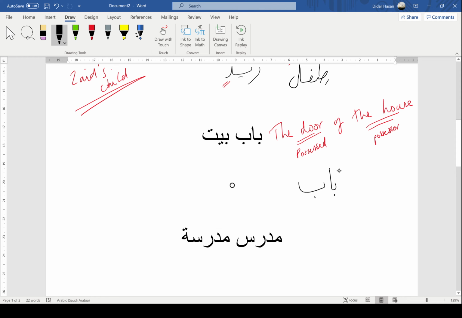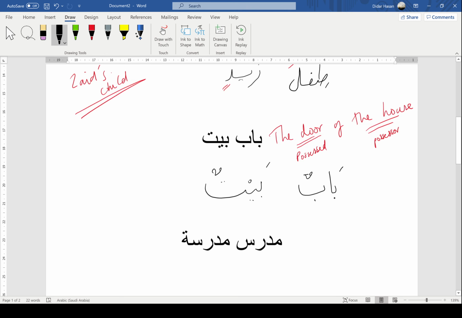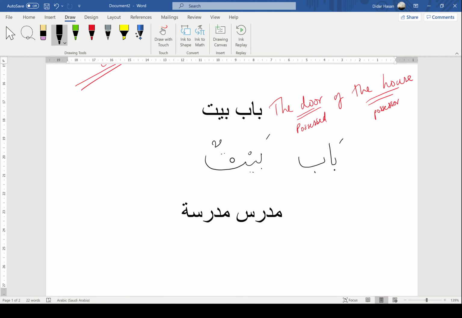Okay, so babun is door and baytun is second. Now the rule is: step 1 is remove one harakah from the object. So I take the object, which is the mudaf, and I give one harakah.